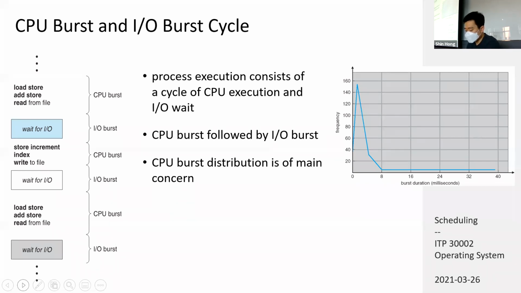Here a process execution, or sometimes this is simply called a process. It has been observed that a process execution consists of a cycle of CPU execution and IO waits. Why? Because of how we write programs. First, it receives some inputs, does some computation, and generates some output.